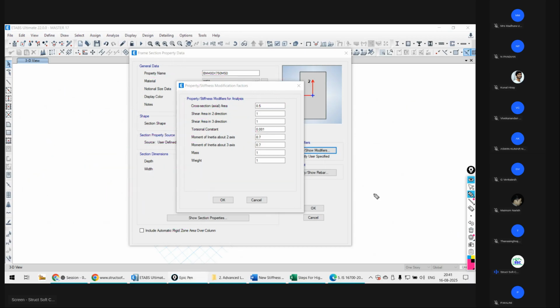In the same way, from your actual gross moment of inertia we are going to reduce it by 30%, and we are going to consider only 70% of it. इसका 70% ही हम लोग कंसिडर करने जा रहे हैं. So what will happen, it is going to become free to carry the stresses. अब ये इतना स्ट्रेस नहीं लेगा.